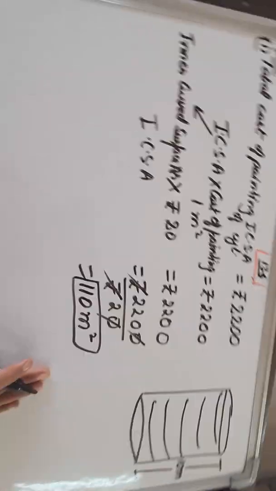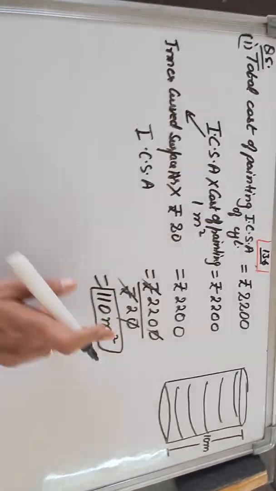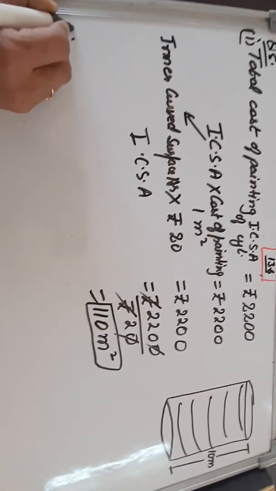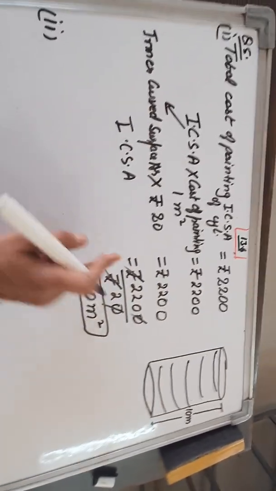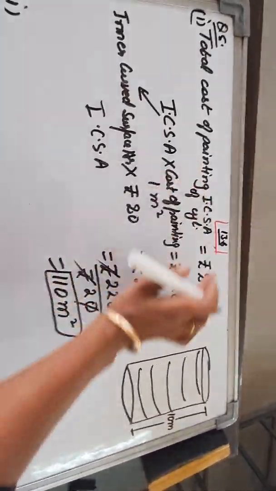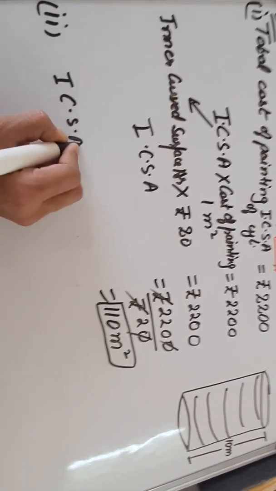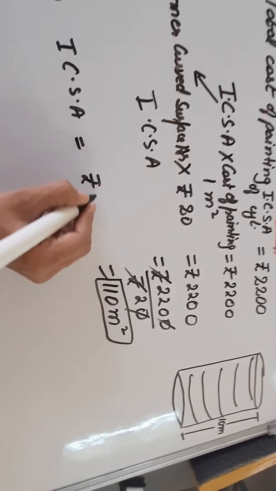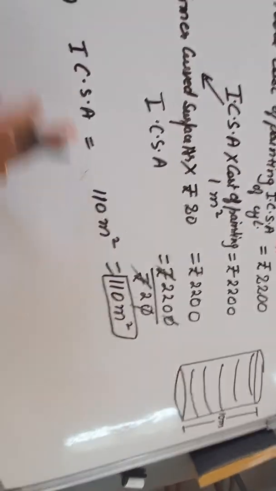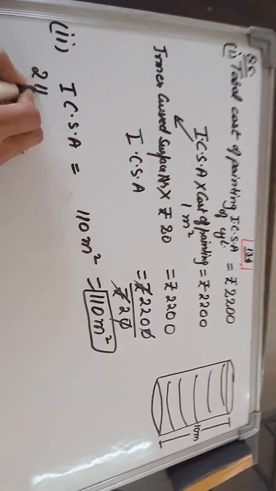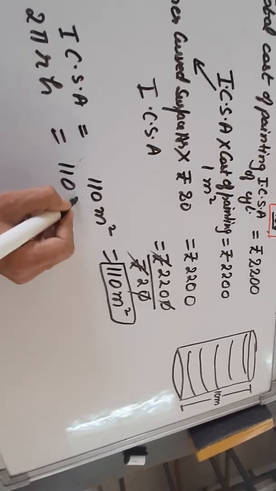Now in the second part we need to find out the radius. For radius now we have the inner curved surface area. For the first part this was given, for the second part now, because the inner curved surface area of the cylinder is 110 meter square, we'll apply the formula for this. 2 pi RH is equal to 110 meter square.